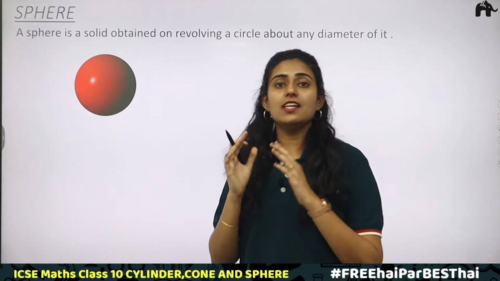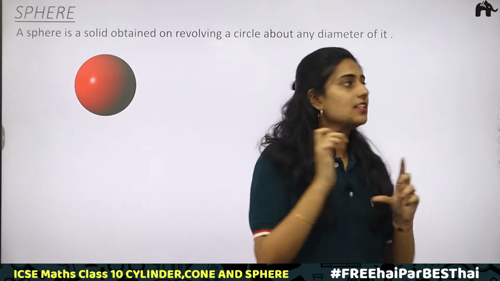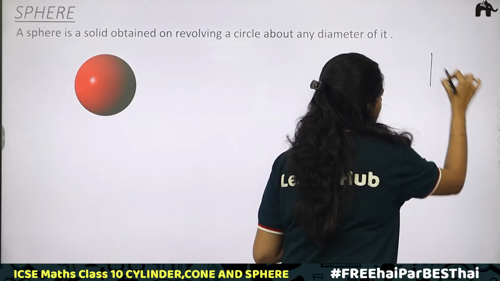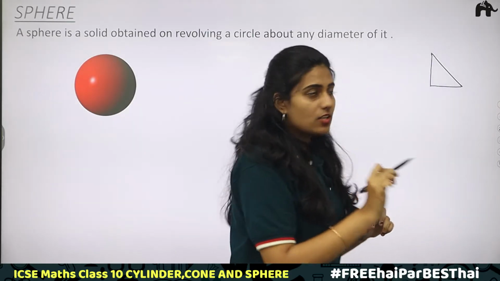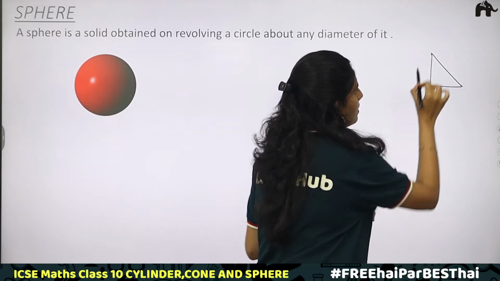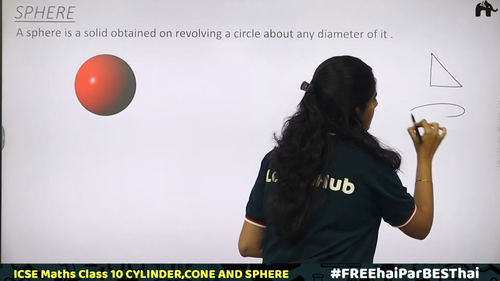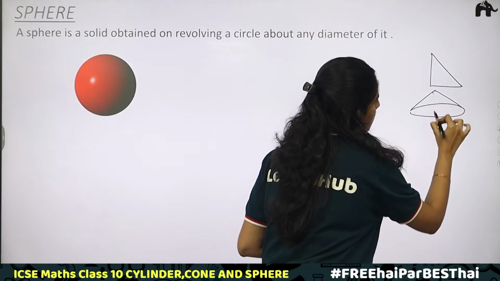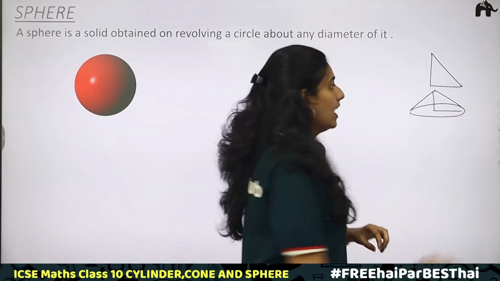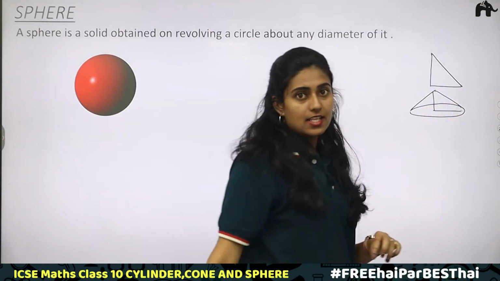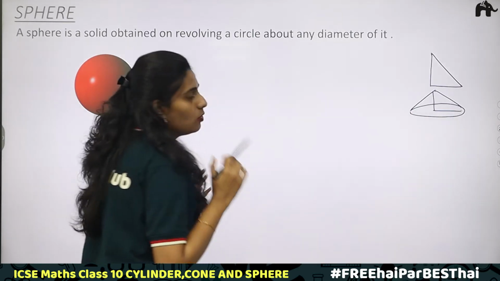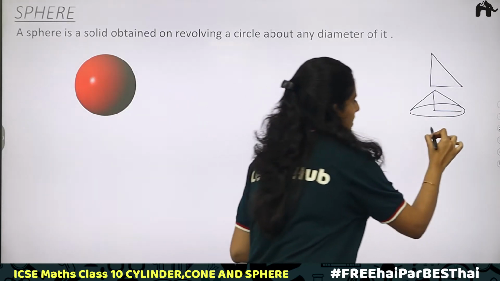We said that in case of cone, when you take a right triangle and rotate it along the height or the base, you will be getting a cone, and the base becomes radius. Now, in order to get a sphere, you take a circle.